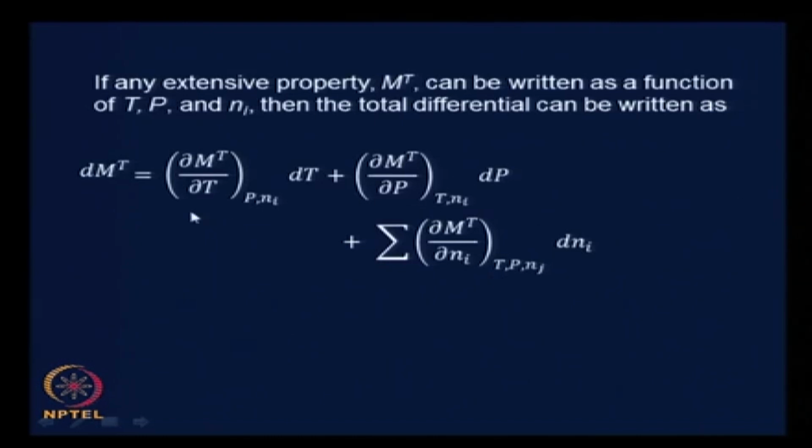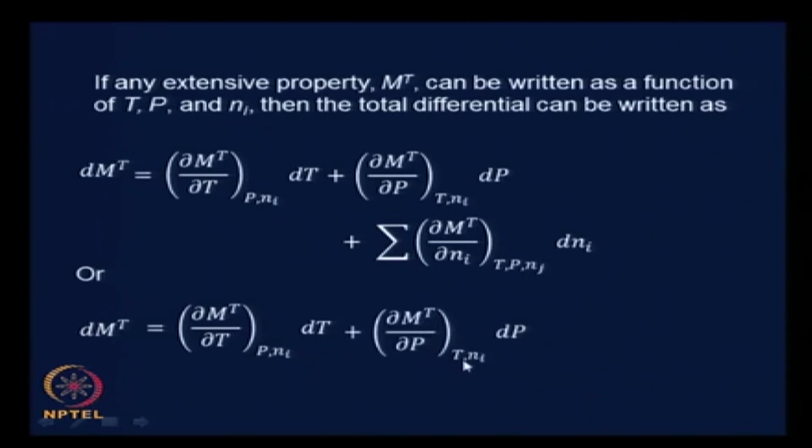Here we had taken Mt as a function of T, P and Nᵢ, and this last term is nothing but the partial molar property. Therefore, it is the sum of the partial molar properties times dNᵢ for each species. That is the total differential here. We will call this equation 414.